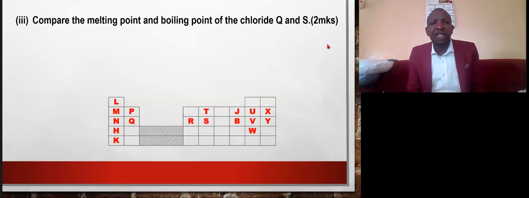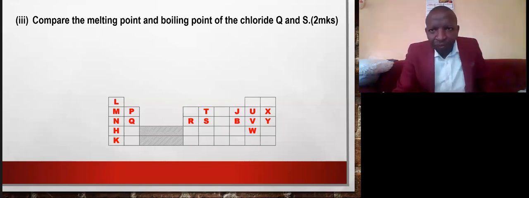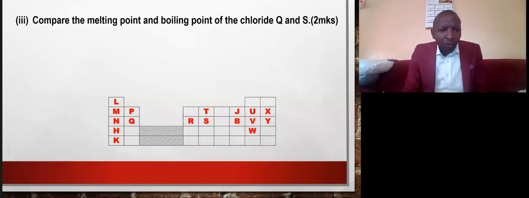Now, without wastage of time, can we compare the melting point and boiling point of the chloride of Q and chloride of S? Somebody? The chloride of Q has higher melting point and boiling point than the chloride of S. Tick, good.